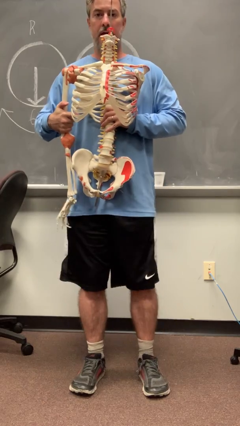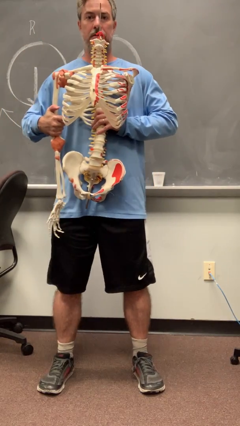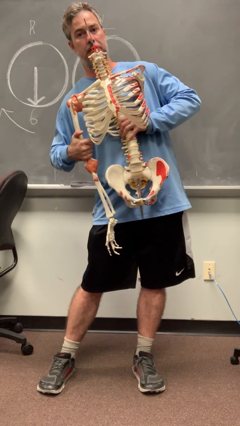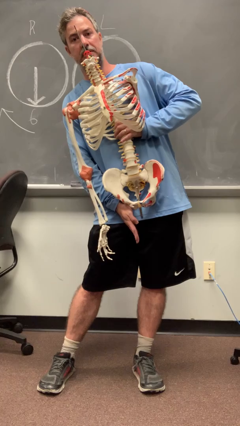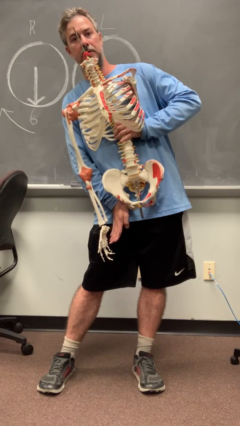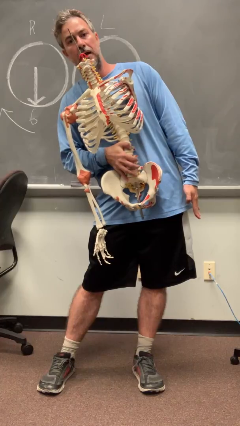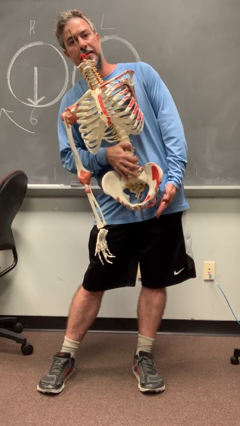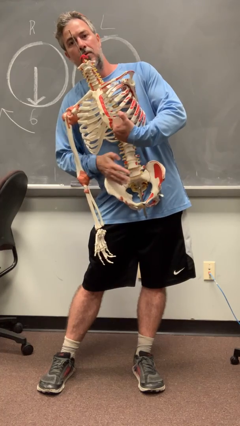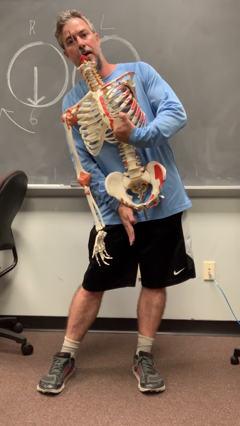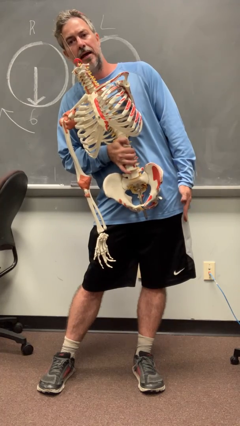So remember, I did this, and now what I'm going to do is look at this. My right hip is still abducted, but my left hip is now adducted. Right hip, left hip, adducted.